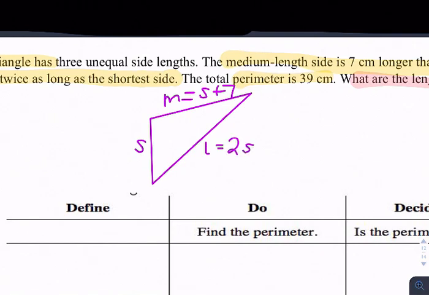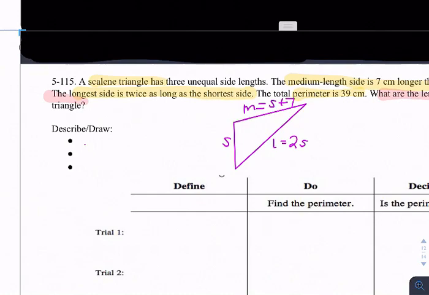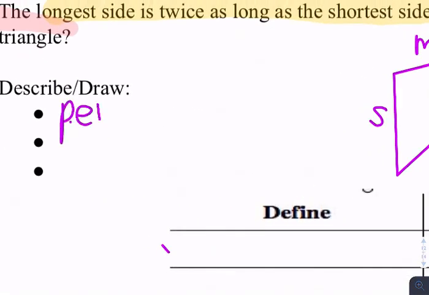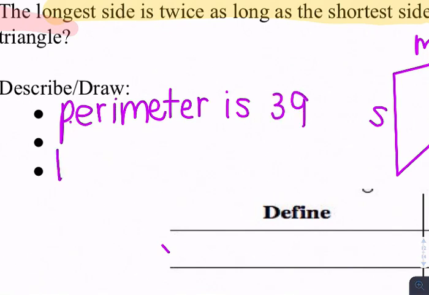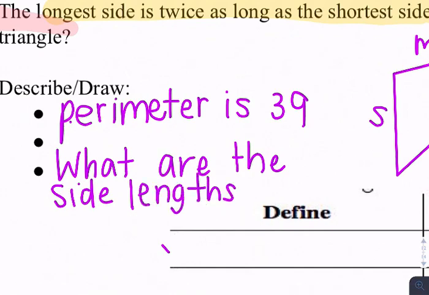And we don't have any other information about the short side. What we do know is that the perimeter is 39, and we need to know what the side lengths are. There we go.